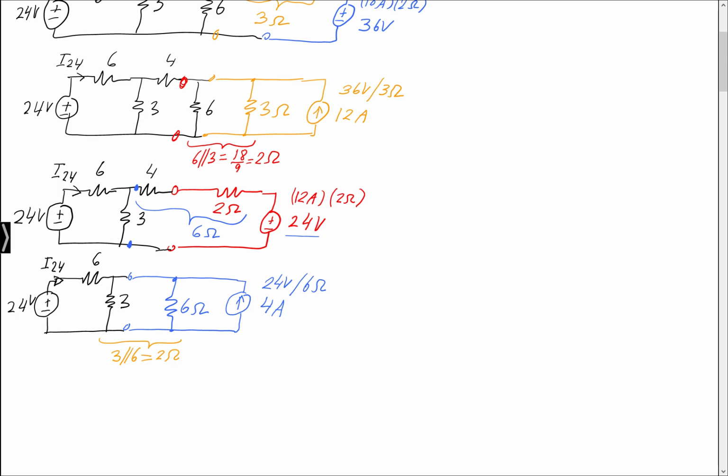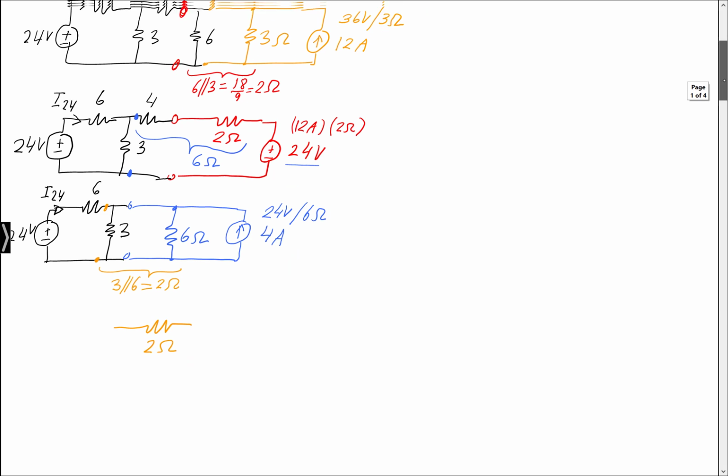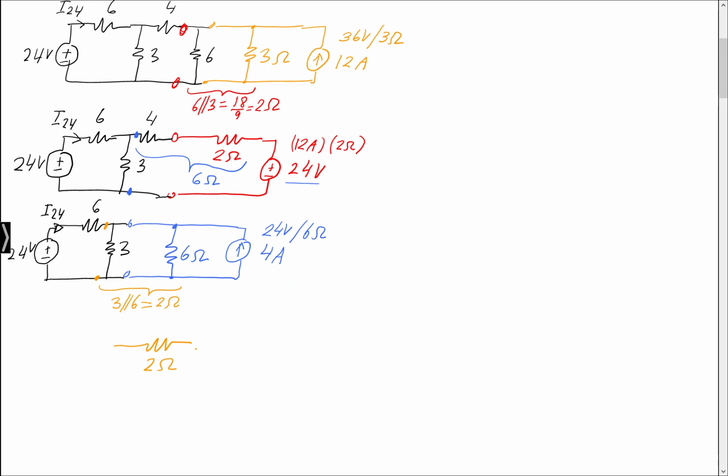So to the right of these orange dots that I'm drawing on the circuit, I have 2 ohms in parallel with 4 amps. Well, I can make that into a simple voltage source. So I can replace everything to the right of those by a series resistor of 2 ohms in series with a voltage source.